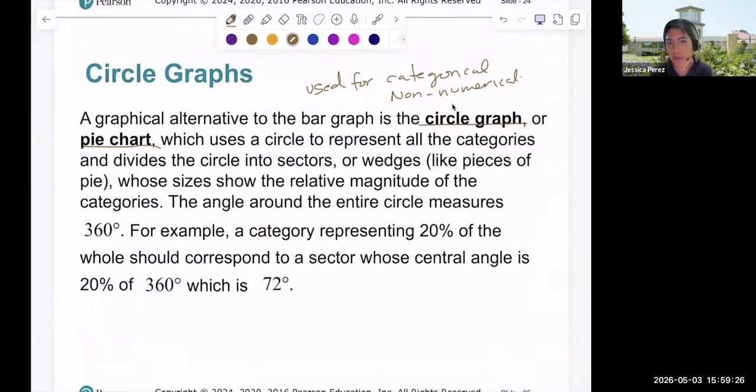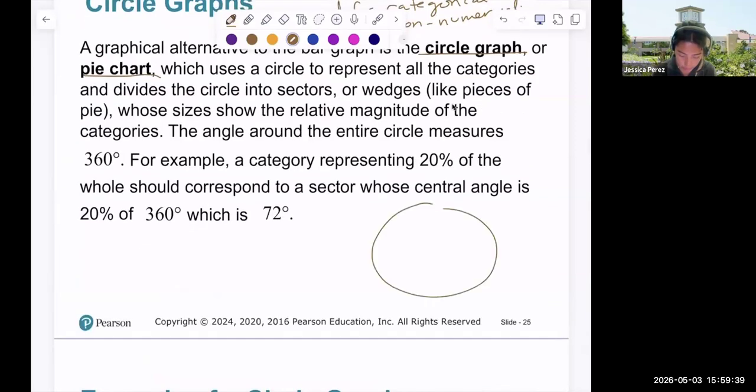But you can also have percentages, like 20% of the pie or 30% of the pie. For example, a category representing 20% of a whole should correspond to a sector.